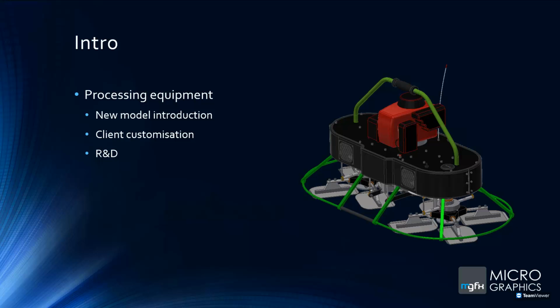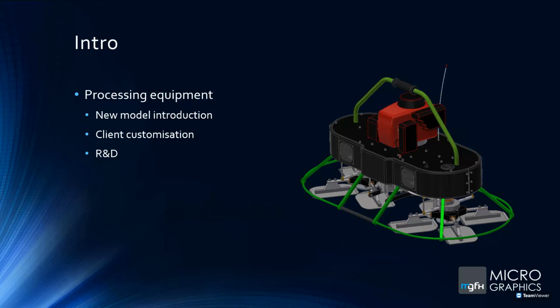Clients may need customization, so you may get a client that wants a larger volume and they need customization due to safety regulations in the country they operate in. And so you may need to create a model that is custom for that client based off of an existing design.